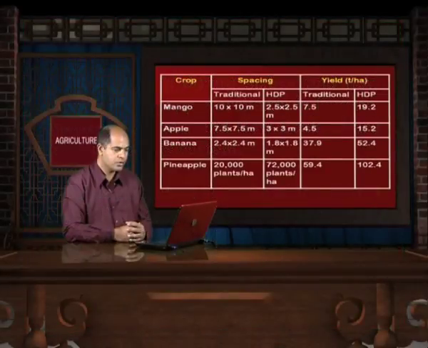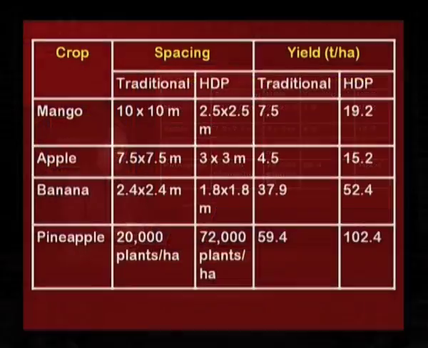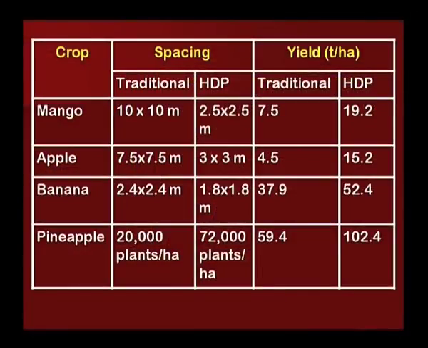This table shows the traditional and high density planting spacing and gives the comparison of yield in both systems. Like in the crop mango, traditionally the plants are planted at a spacing of 10 by 10 meters.